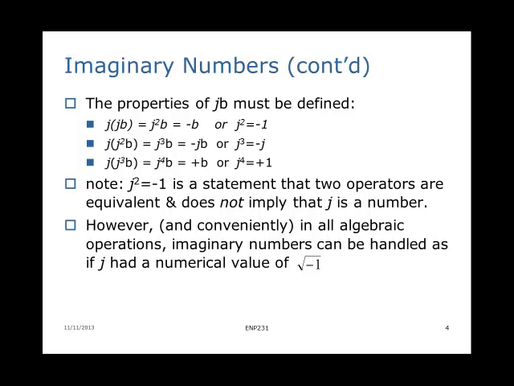Conveniently, in all the algebraic operations that we'll be doing, imaginary numbers can be handled as if J had a numerical value of square root of minus 1. But the proper way that we'll be thinking of J is, again, as an operator that rotates whatever number we're operating on by 90 degrees in the counterclockwise direction on our complex number plane.